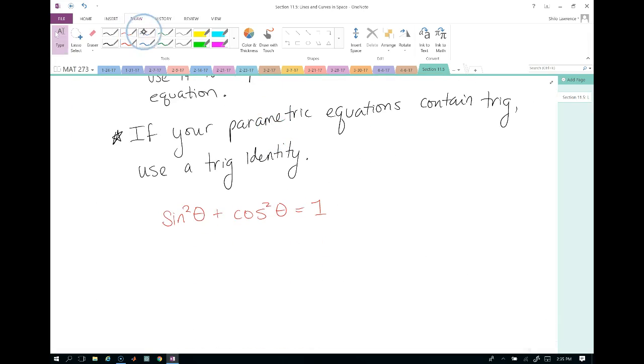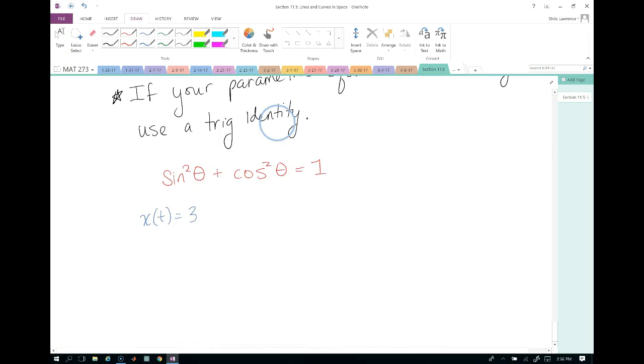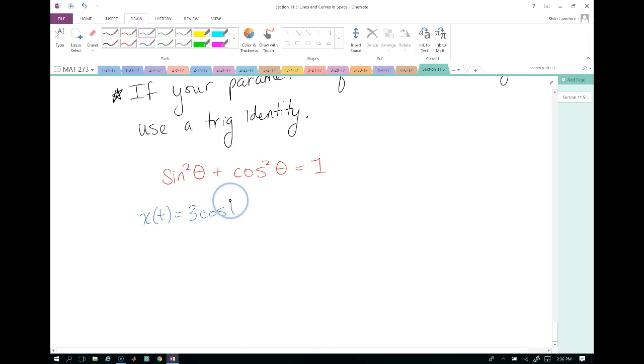So right now, we've got x of t equals 3 cosine t, and y of t equals sine t. Now you might want to drop the function notation when you do this and just write x equals 3 cosine t. And now to solve for cosine t, we just have to divide the 3 over. So cosine of t is x over 3.